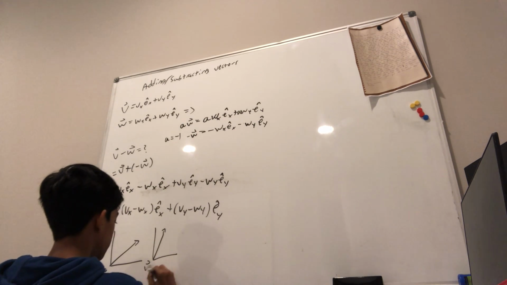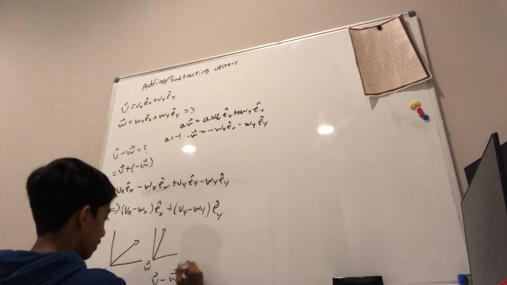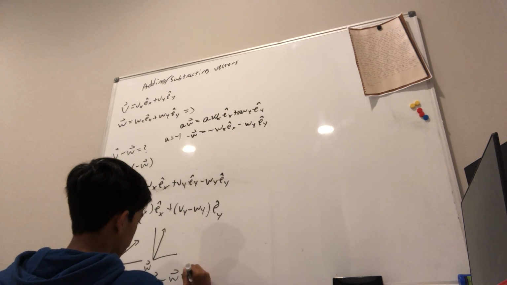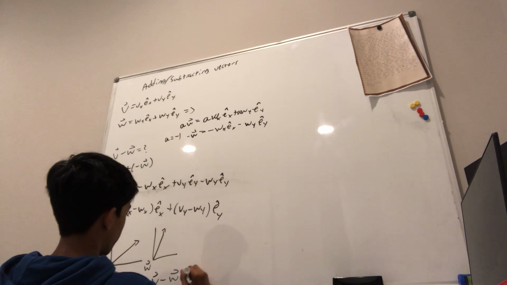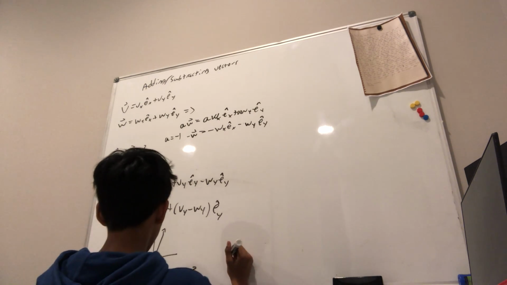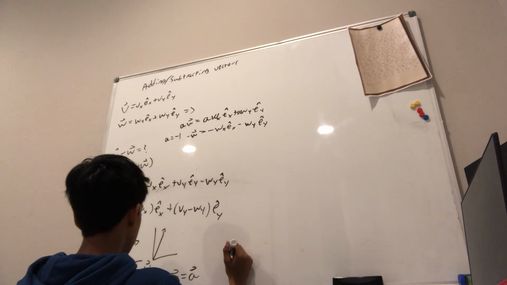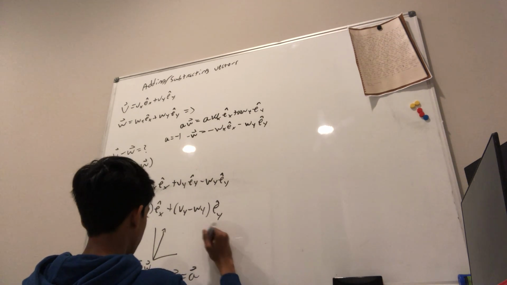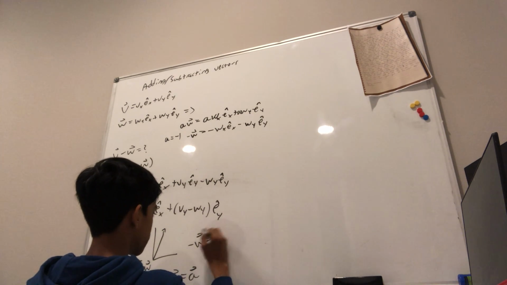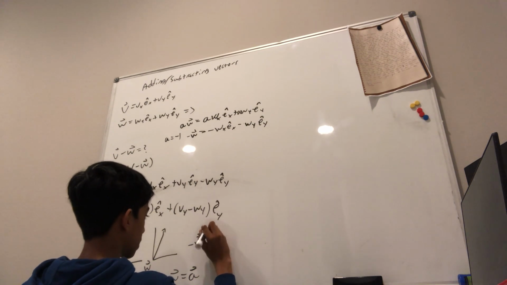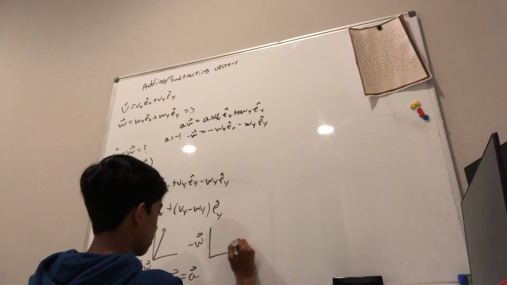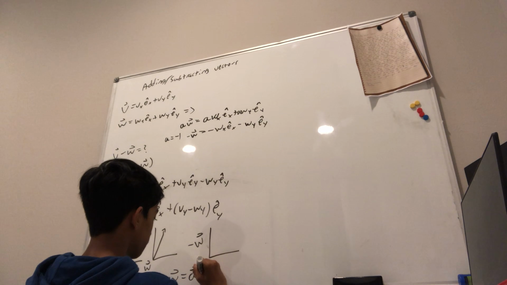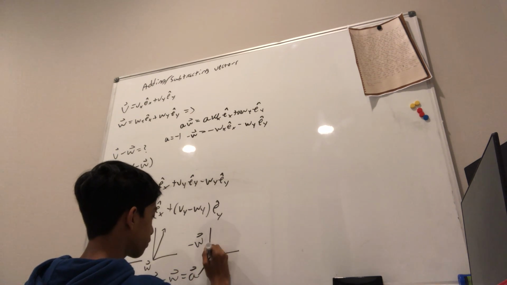So v vector minus w vector, well, we know is equal to, let's just call it a vector. This would just be the exact same thing, but negative w vector would just be the opposite, the opposing direction.